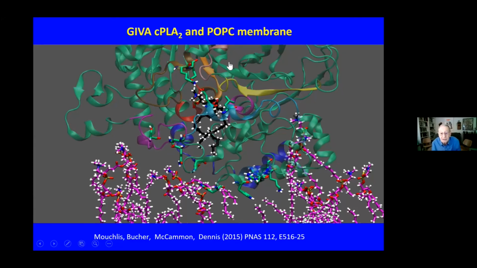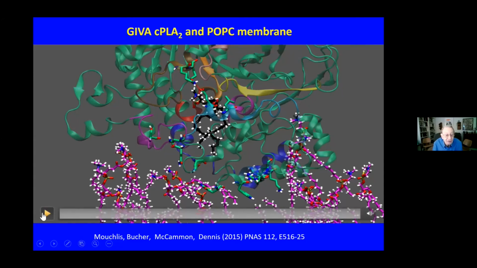This is a molecular dynamics simulation in which the catalytic domain of the enzyme, which is shown at the top, has a single phospholipid substrate bound in the catalytic site of the enzyme, in black. And the enzyme active site is on one side of a membrane bilayer for which there's a slice shown in purple of the other membrane phospholipids.